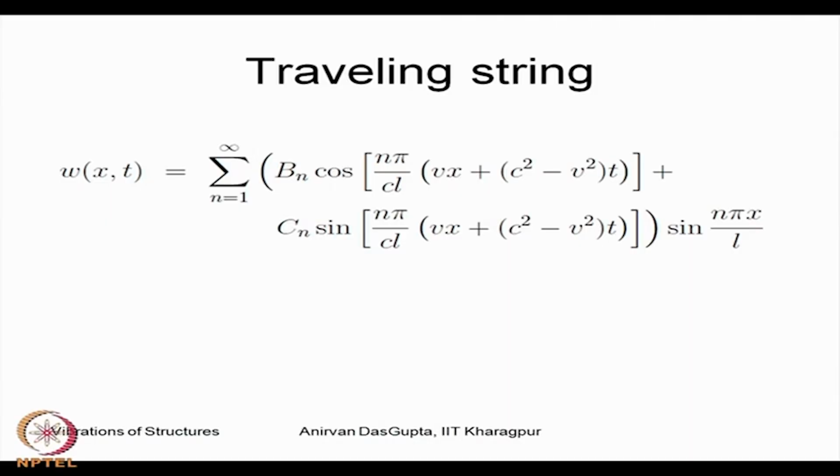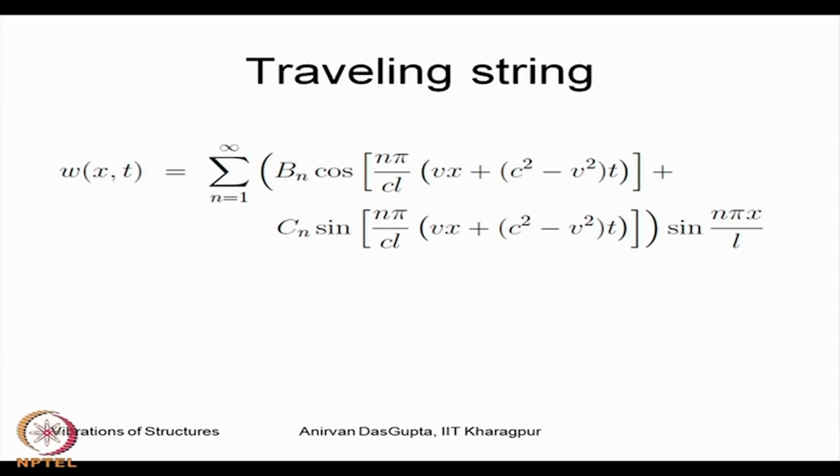So, if you look at the travelling string, then we had the general solution that we obtained in our previous discussions. We obtained a general solution which looked like this, what I have put on this slide.